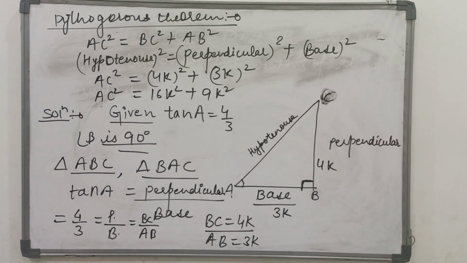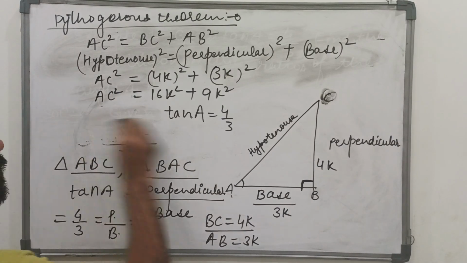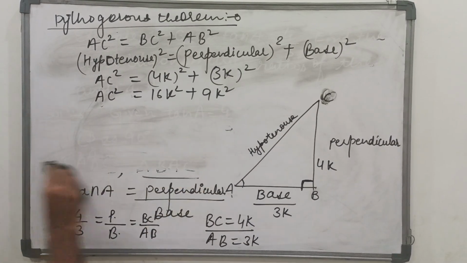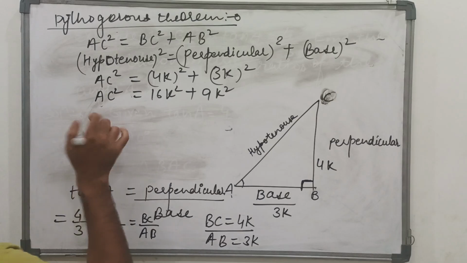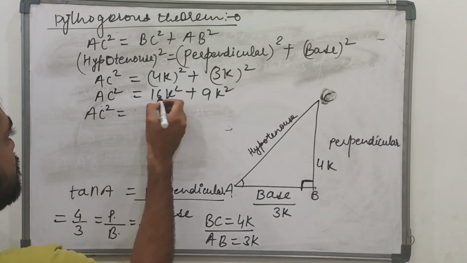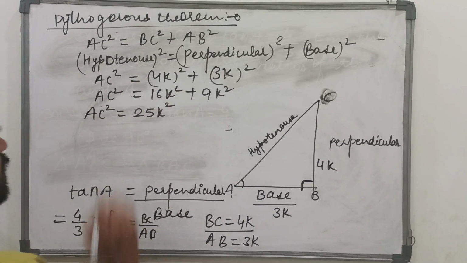Now what is the next step? AC square is equal to 16K square plus 9K square, which is 25K square.